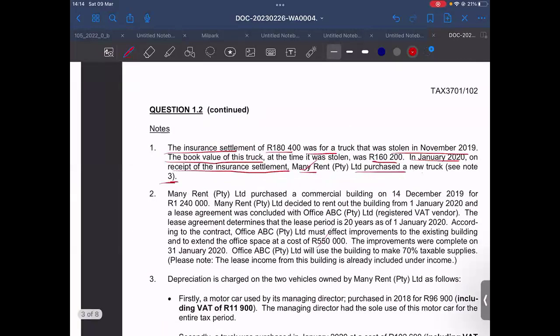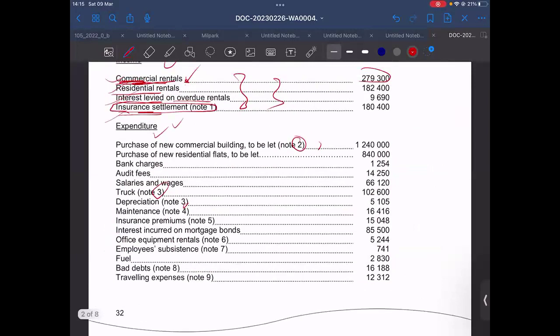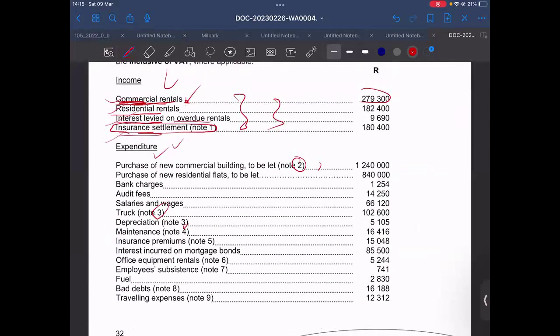Then we move on to the next item. Good people, we're done with the income given. What did I say? We now have to look for fringe benefits. How do we look for fringe benefits? Go to all the notes given and check for use of company car or any item given to an employee by the employer.